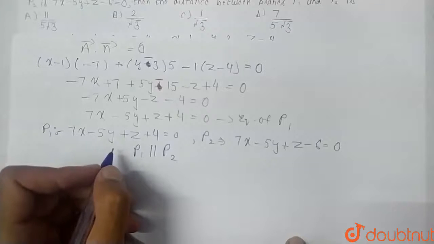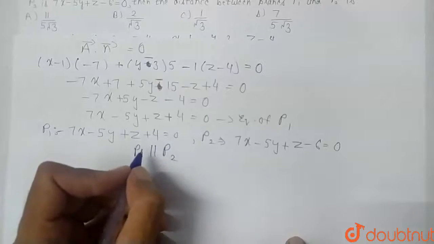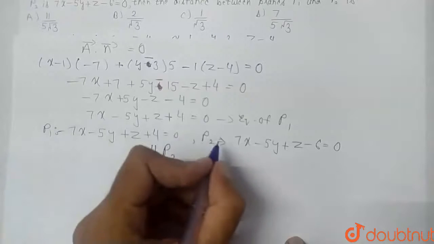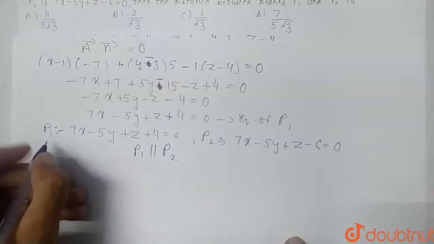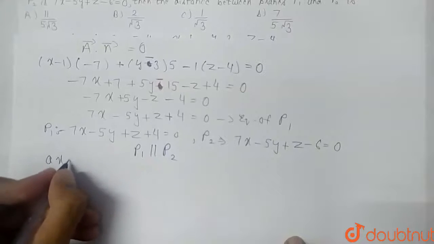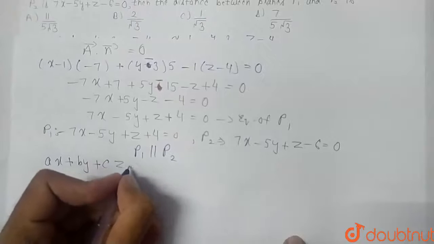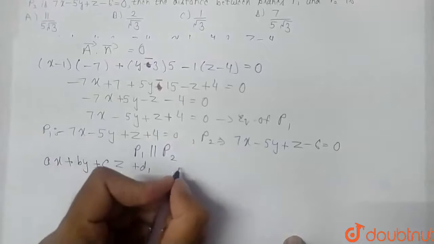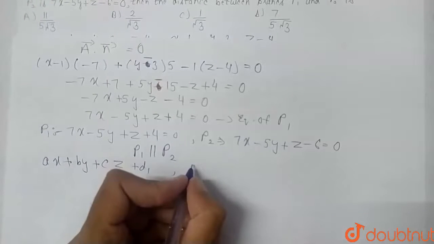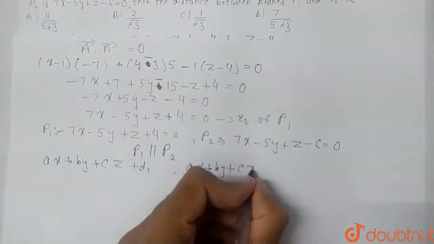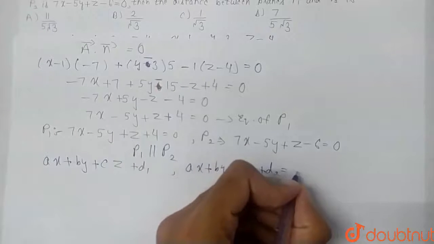Now we have to find the distance between P1 and P2. Let us suppose we have two planes, one in the form ax plus by plus cz plus d1, and similarly another, ax plus by plus cz plus d2, which is equal to 0.